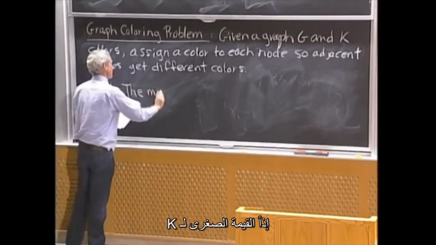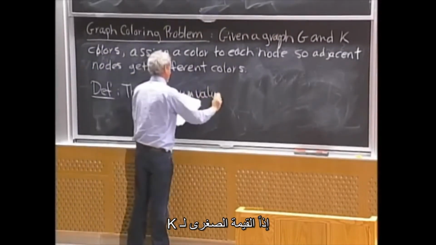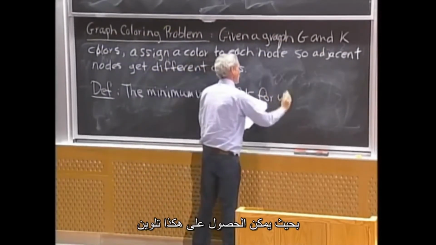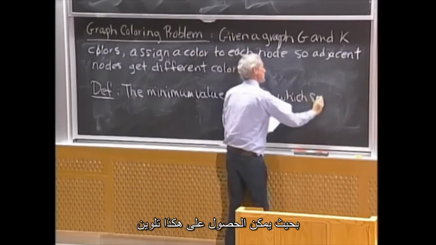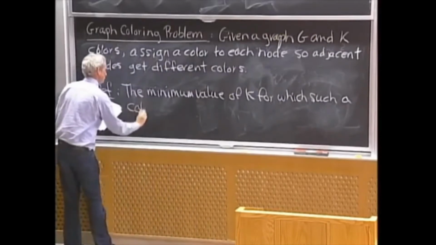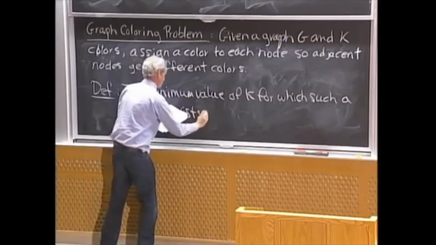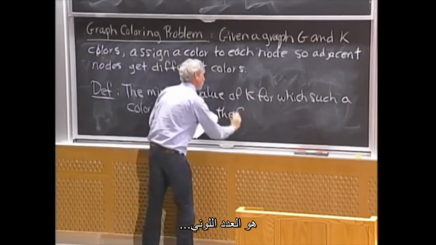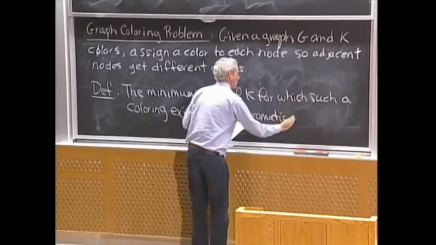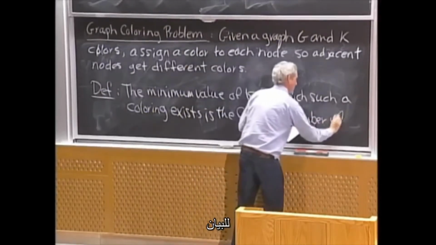So the minimum value of K for which such a coloring exists is the chromatic number of the graph.